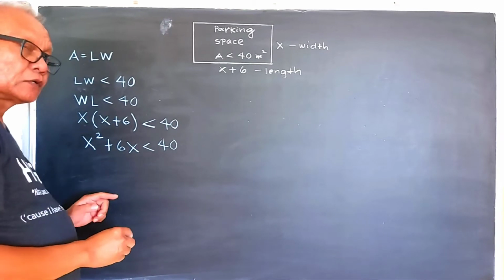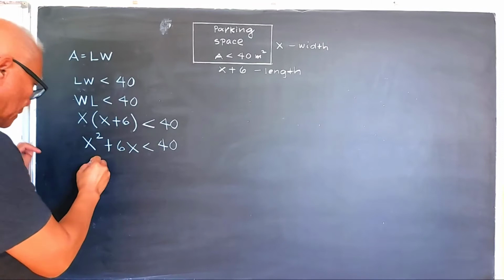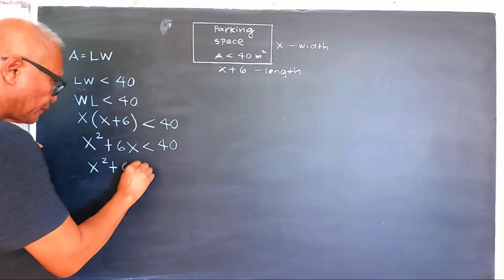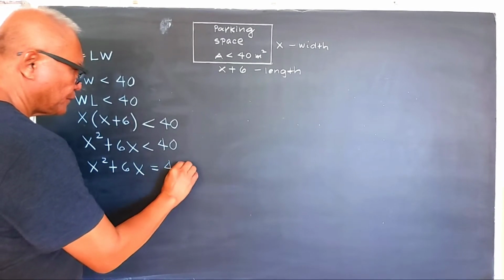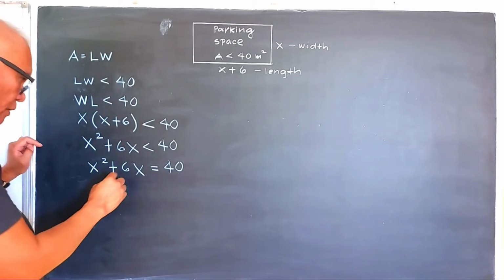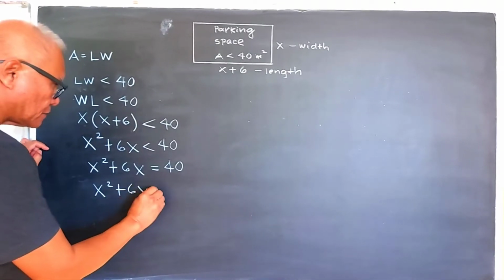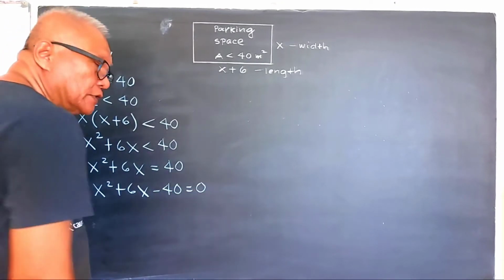So, in a quadratic equation, we just change this into an equality symbol. So we have here x squared plus 6x is equal to 40. We transpose, and then x squared plus 6x minus 40 is equal to 0.